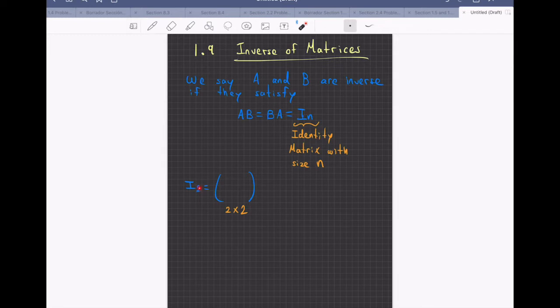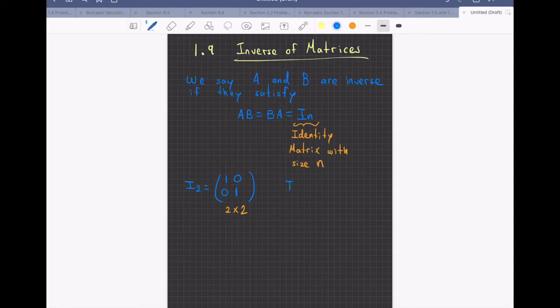Always it's going to have the same number for the rows and for the columns. So I2 is 2 by 2. It's a matrix that has only, in the main diagonal, only 1, and the other entries, they are only 0.